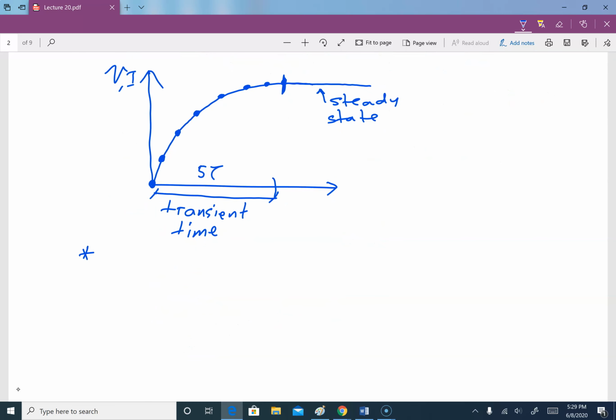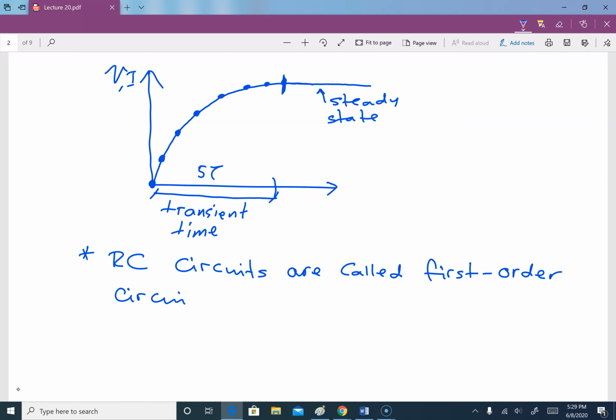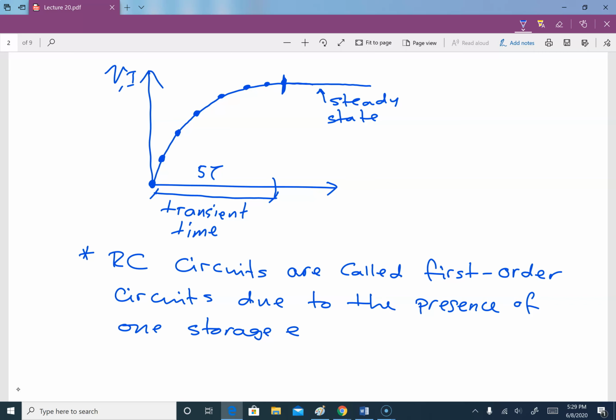And also, RC circuits are called first order circuits due to the presence of one storage element, and in this case it is a capacitance.